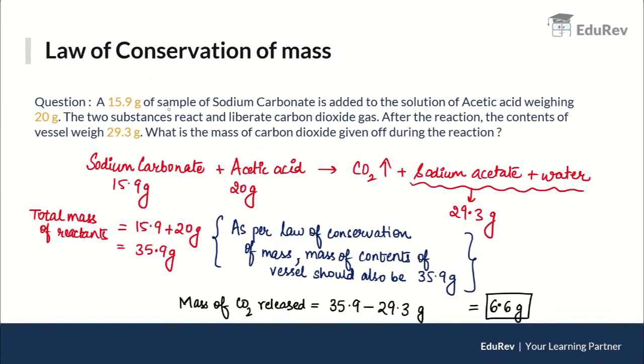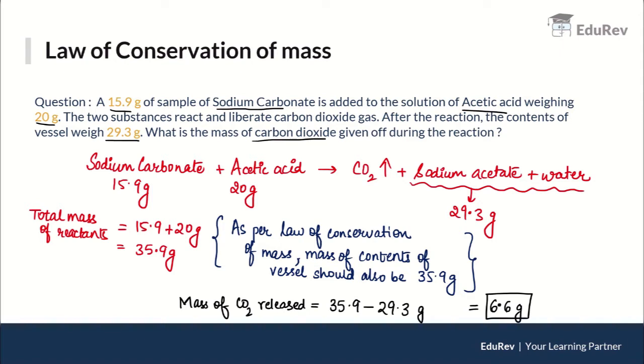Let's try to solve this example. It says 15.9 gram of sodium carbonate is added to the solution of acetic acid weighing 20 gram. The two substances react and liberate carbon dioxide gas. After the reaction, the contents of vessel weigh 29.3 gram. What is the mass of CO2 given off during the reaction?